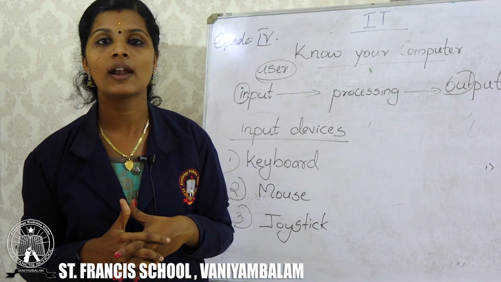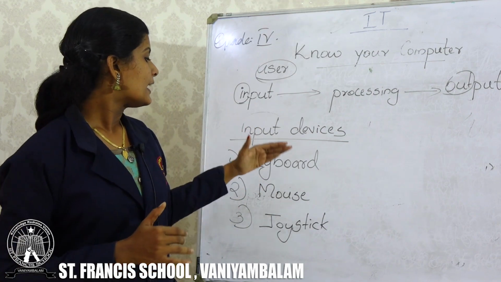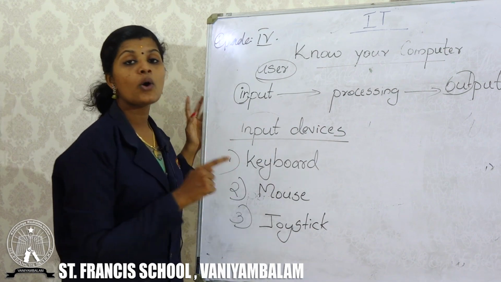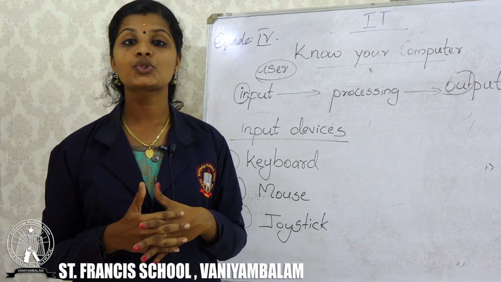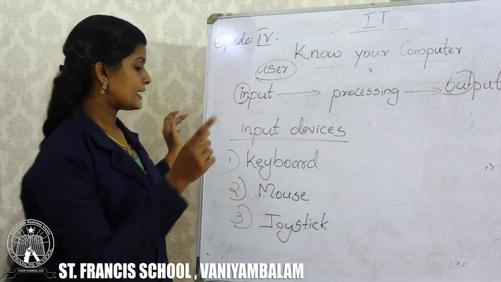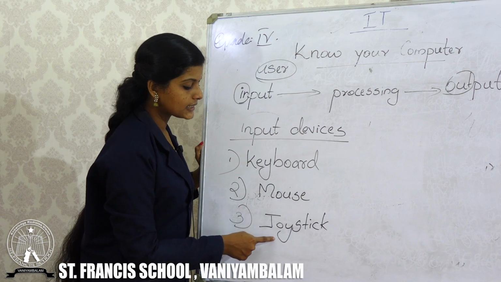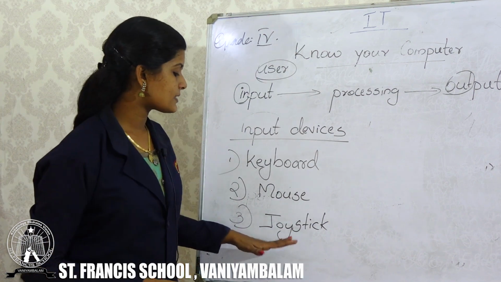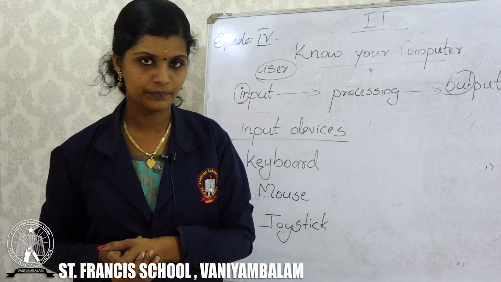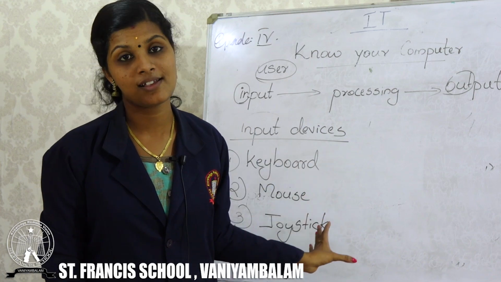Those buttons are known as keys and they have so many names also. Now the second input device is mouse. Mouse is a pointing device. It is used to draw pictures or select objects on the monitor. It is of two types, mechanical mouse and optical mouse. And the third one is joystick. Joystick is used at the time of playing games on the computer. So these are the three input devices we have discussed in the first class.